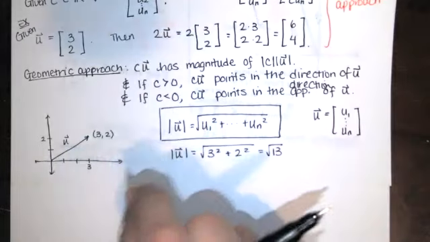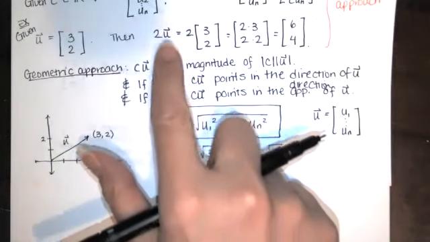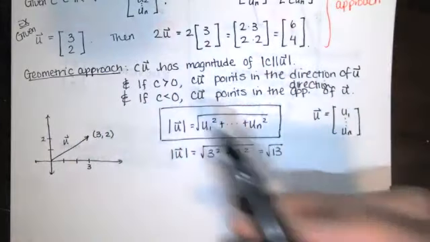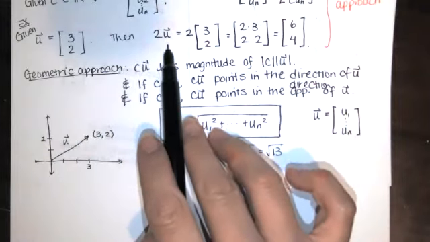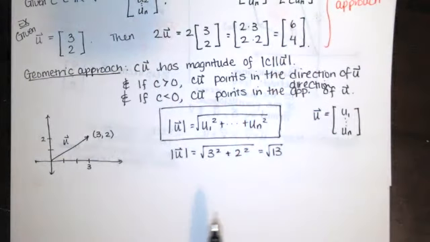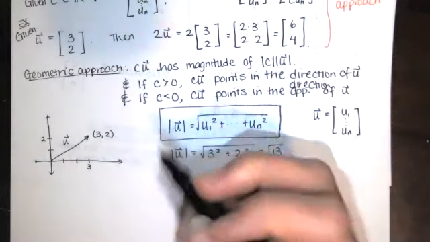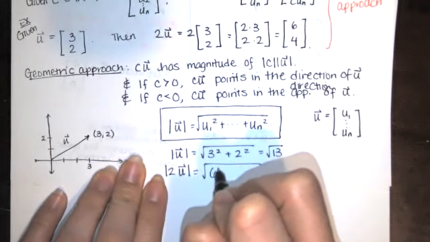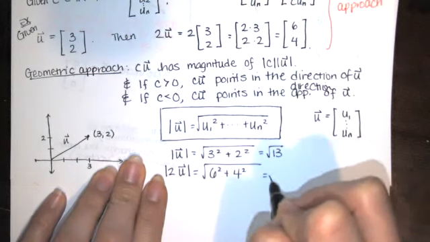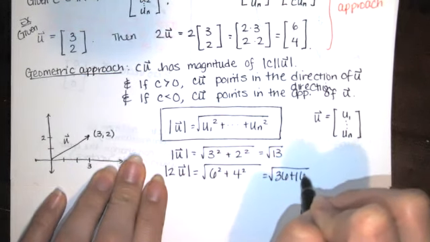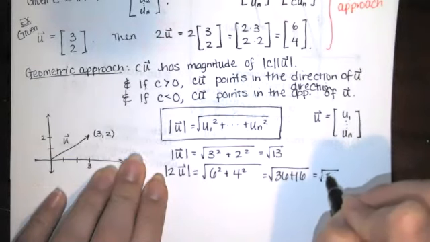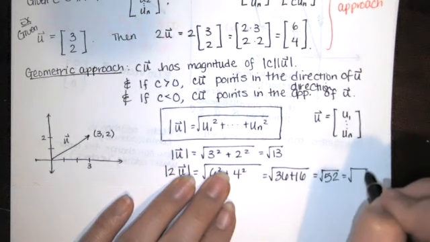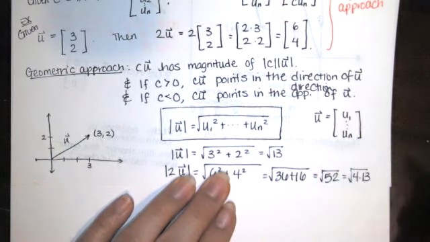I claim that's exactly the same result that we get if we take the magnitude of the vector that comes from the algebraic approach. If I take 2 and multiply by u, I get the vector with components 6 and 4. If I square them and add them and take the square root, that's the square root of 52, which is 4 times 13.